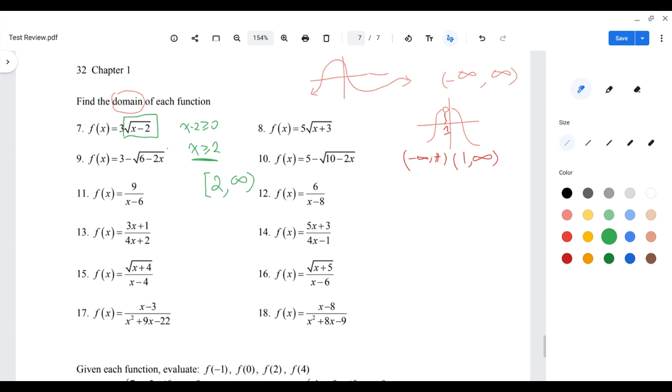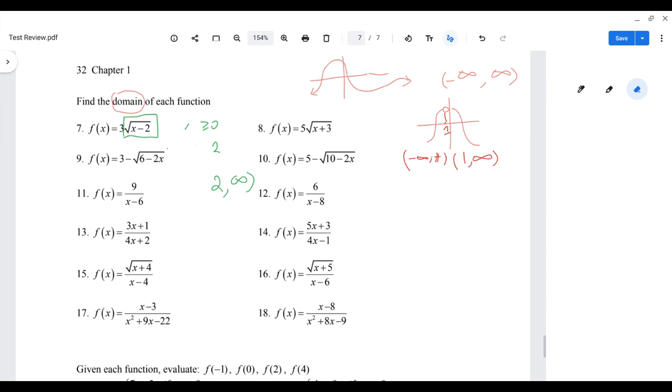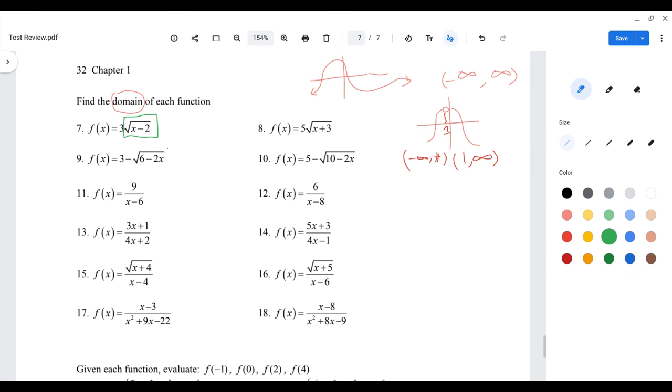Okay. For example, question number 11. Wait, let's try out number 9, just to reinforce what we have here. We have another root. That means 6 minus 2x inside the root must be larger than or equal to 0. You subtract 6 on both sides. Negative 2x is bigger than or equal to negative 6.